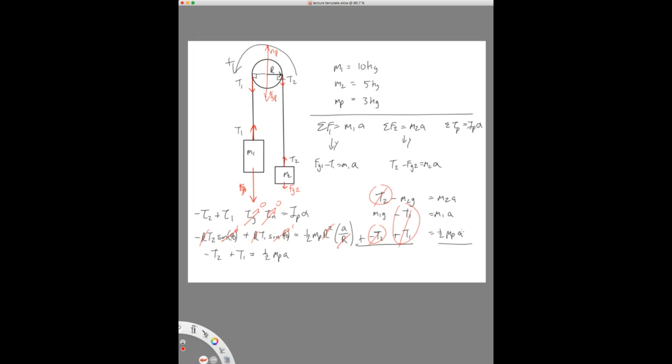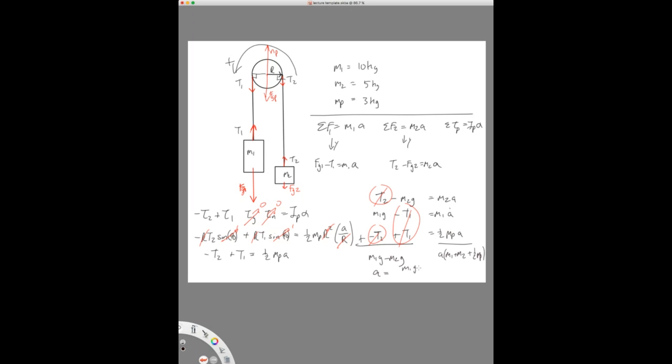And on the right-hand side, we have A on each term, so we're going to have A factored out and have just M1 plus M2 plus 1/2 mass of the pulley. On the left, all that's left is M1G minus M2G. So we can solve for A by just dividing.